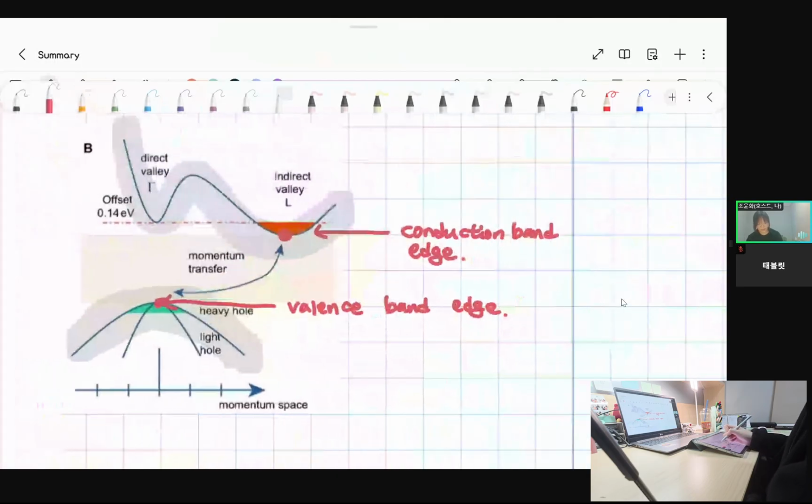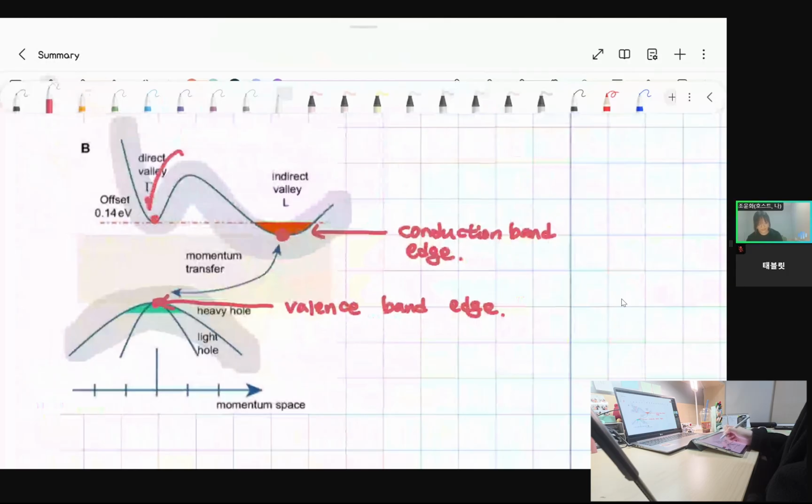Be aware that this is not an edge, because this position is lower than this conduction band. So we have to look at this position. So the band gap is here.